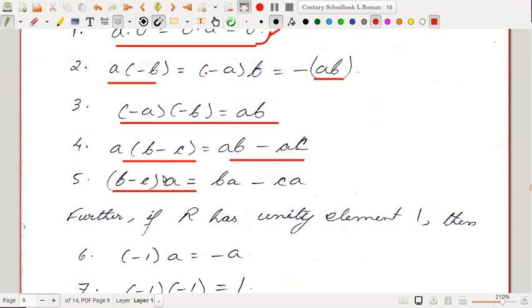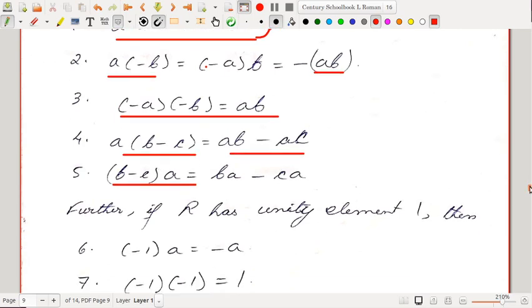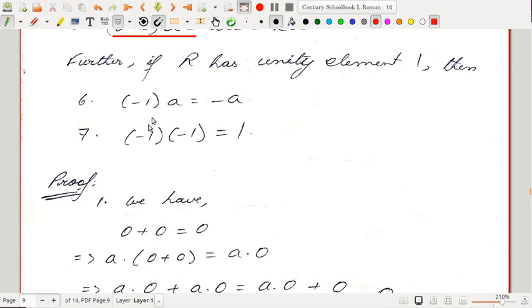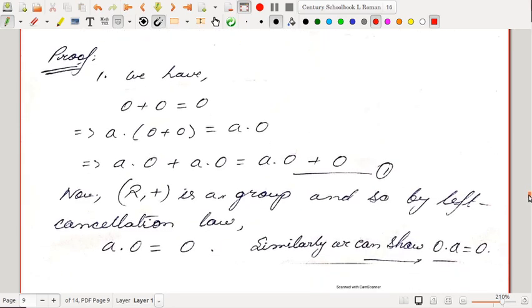In a ring we don't have subtraction, we have the additive inverse operation, so it's analogous to subtraction. Further, if R has a unity element, then minus 1 into a is the same as minus a, and minus 1 into minus 1 is 1. All these things can be proved from the properties that we have listed.